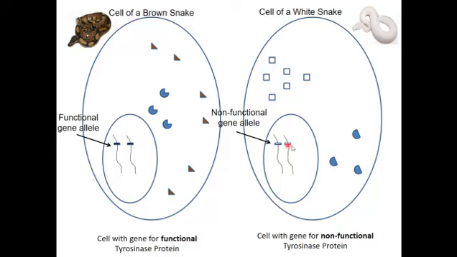But when we have non-functional alleles, that means we have non-functional tyrosinase enzymes. That means those molecules are just going to stay white. So this model of a brown snake and this model of a white snake looks an awful lot like what's going on with human albinos.